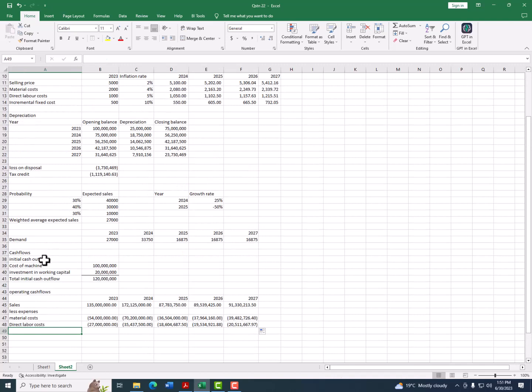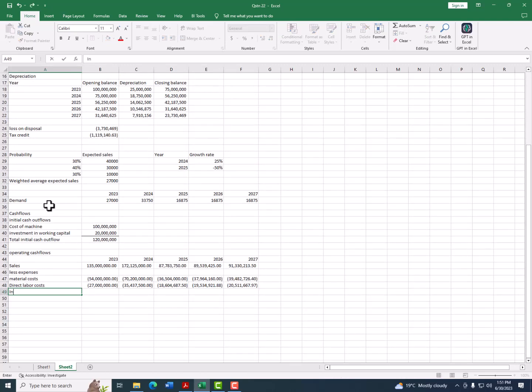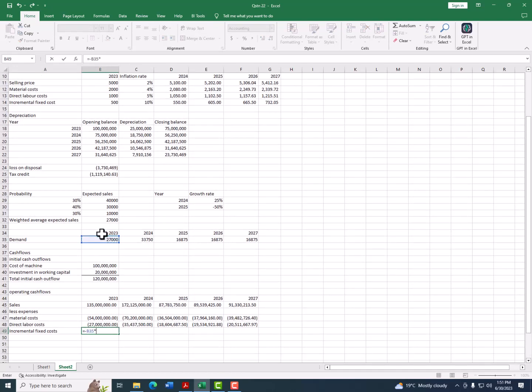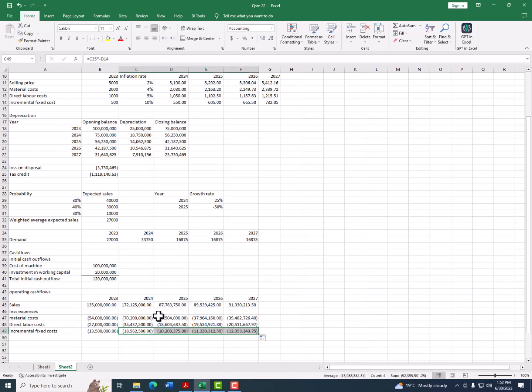From direct labor, we have incremental fixed costs. Incremental fixed costs, the same, equals minus demand multiplied by fixed cost for 2023, hit tab, equals demand for 2024 multiplied by minus costs per unit, and then we drag it to 2027, right?